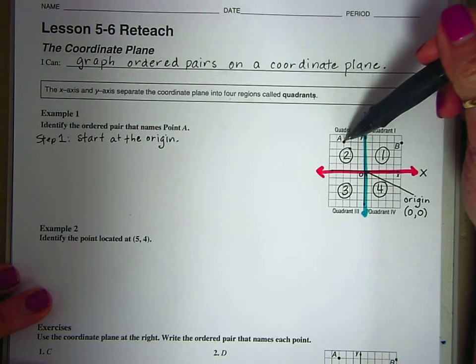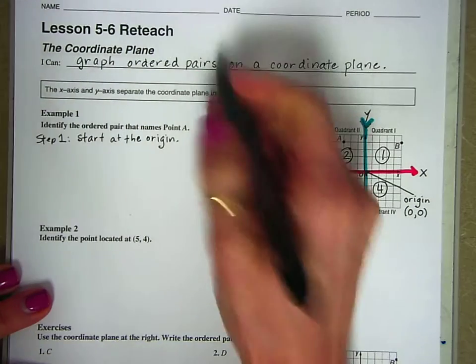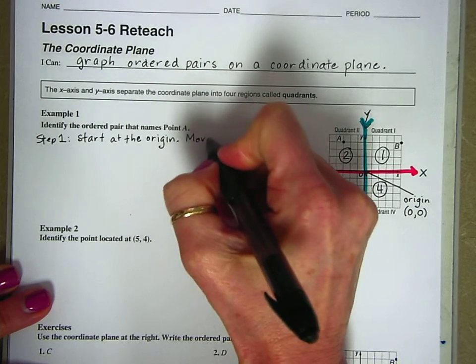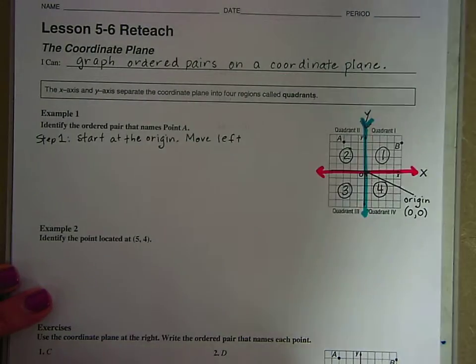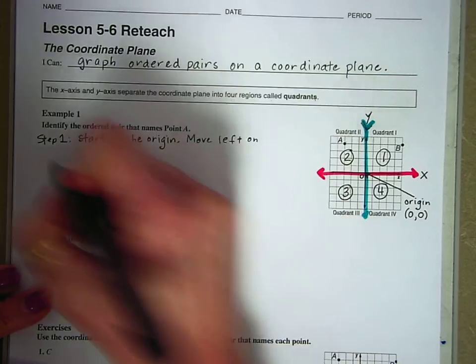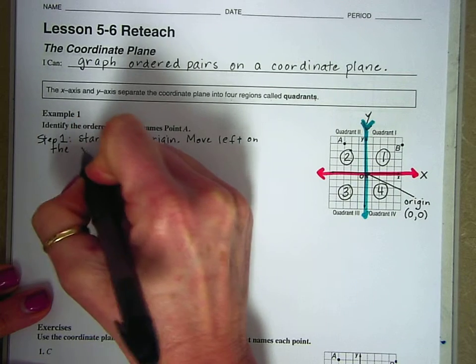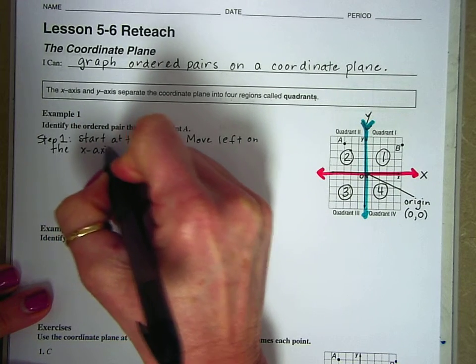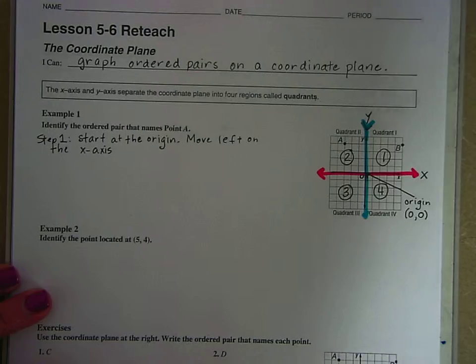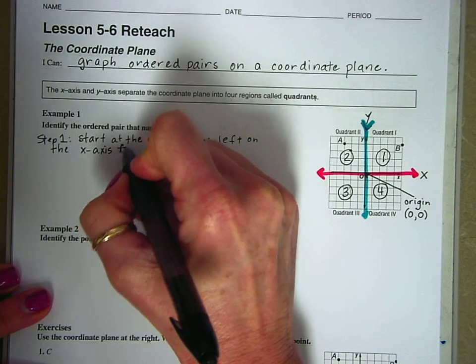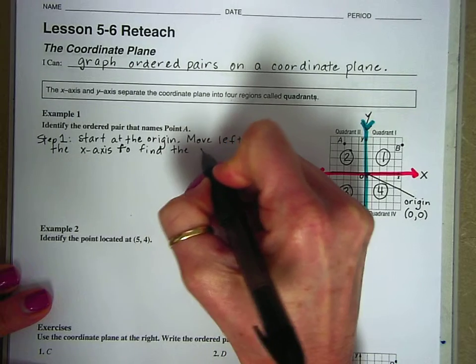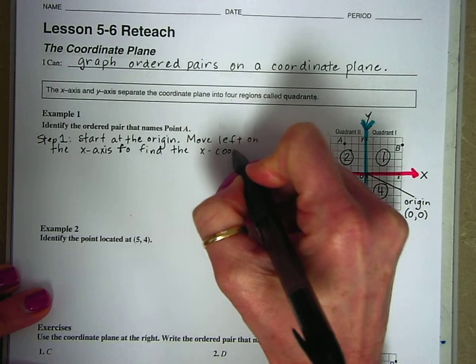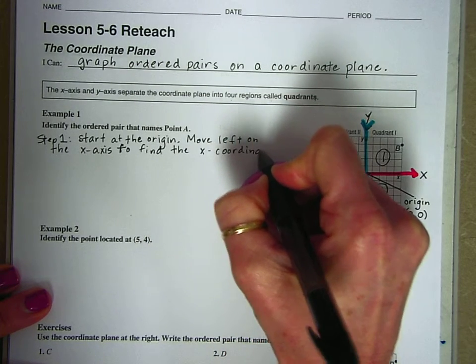Well, A is located right here in quadrant 2, so you are going to move from the origin, you're going to move left on the x-axis to find the x coordinate of point A. Yes, you need to be writing this.